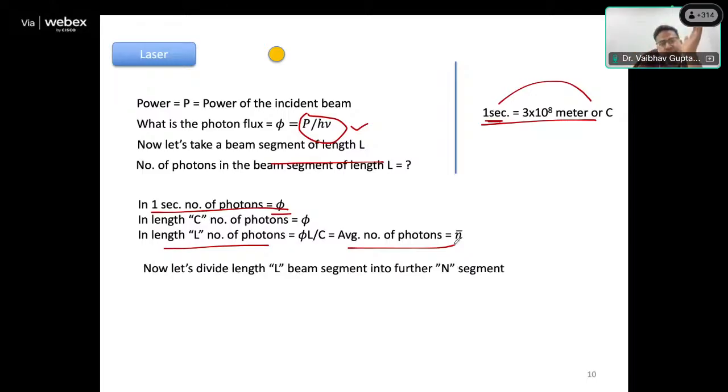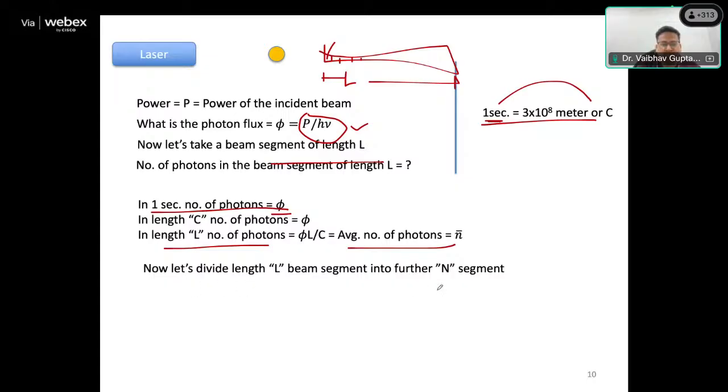Now what you can do is further divide the same line segment L into capital N subsections, and then try to find out how many photons are there, because what we are finally trying to get is the distribution. If we know the probability of finding a photon within this small location, we can tell the complete distribution.